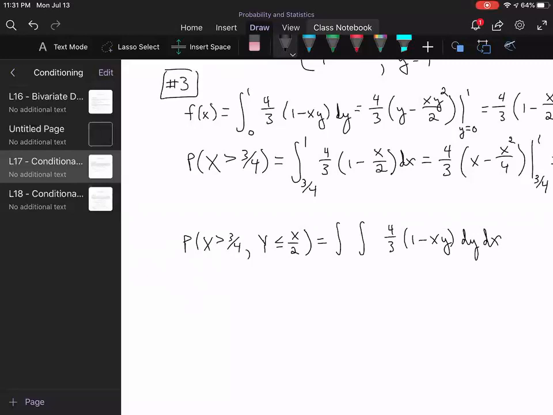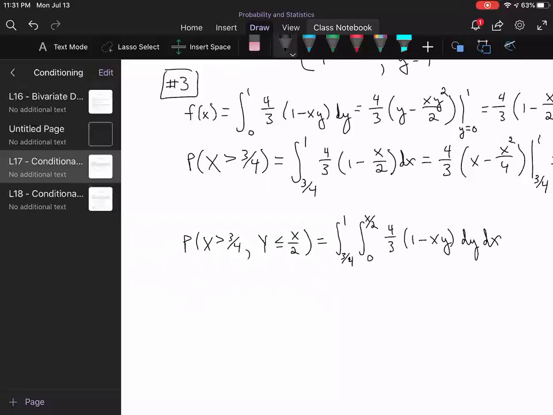So I know it goes from 0 up to x over 2. And x, according to the probability statement, goes from 3/4 up to 1. So x has a lower bound, y has an upper bound. This is going to give me the numerator for our probability problem.